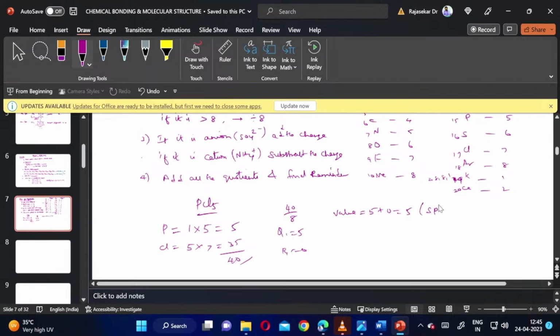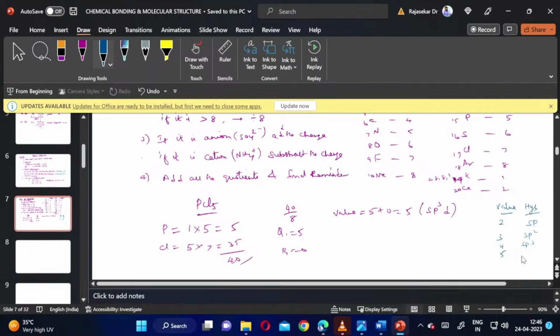5 means 1 s orbital, 3 p orbitals, 1 d orbital. I didn't give this one; you just remember the value. If the value is 2, it is sp. If 3, sp2. If 4, sp3.